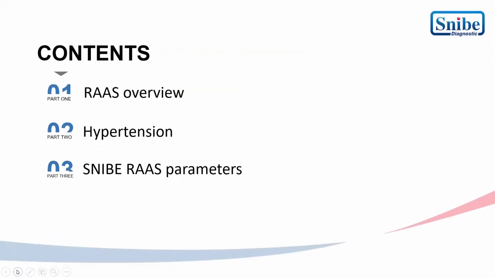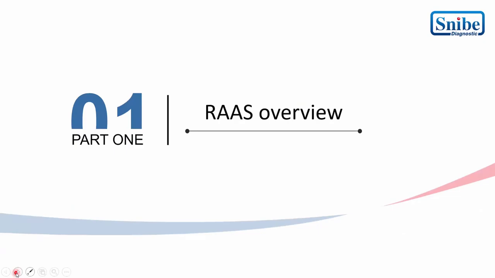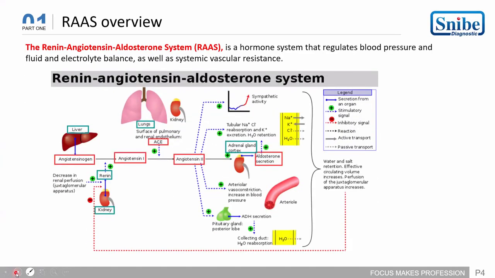In this presentation, we will discuss the overview of the RAS and its involvement in hypertension, what the solution from SNIBE on the Maglumi platforms is, and what parameters give us an edge over the competitors. So let's start with the RAS overview.